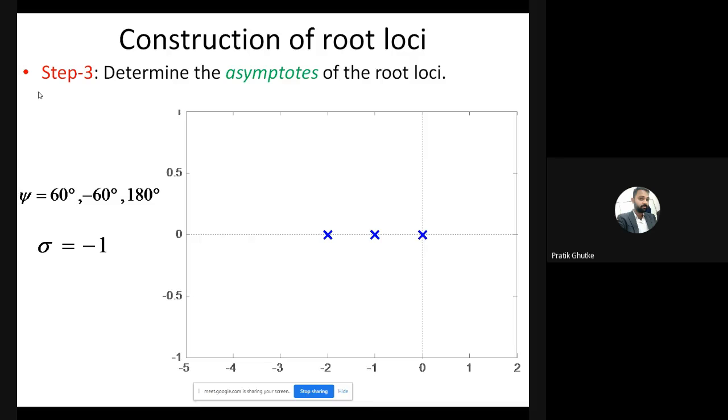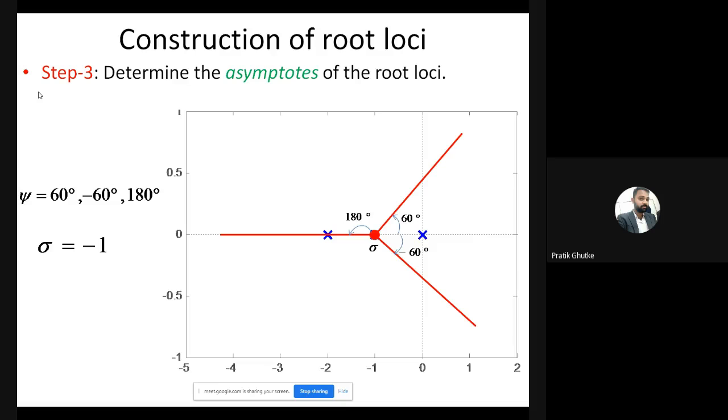Here we have plotted the poles. One pole is at 0, another pole is at minus 1, and the next pole is at minus 2. And minus 1 is the centroid from which the asymptotes originate. From minus 1, I can draw the angles of asymptote, that is 60 degrees, 300 degrees and 180 degrees.